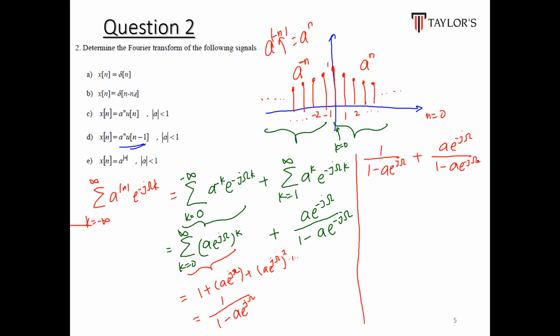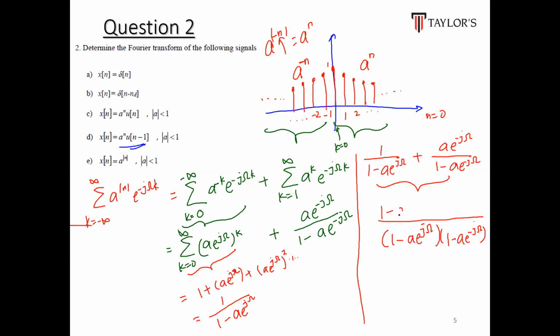But I would say they are the same, because we can continue doing it from here. We multiply each other by the reciprocal, correct? Let me check. Let me think. Okay, what we can do here is that we just multiply one another. This becomes 1 minus a e^(j omega) multiplied by 1 minus a e^(-j omega).